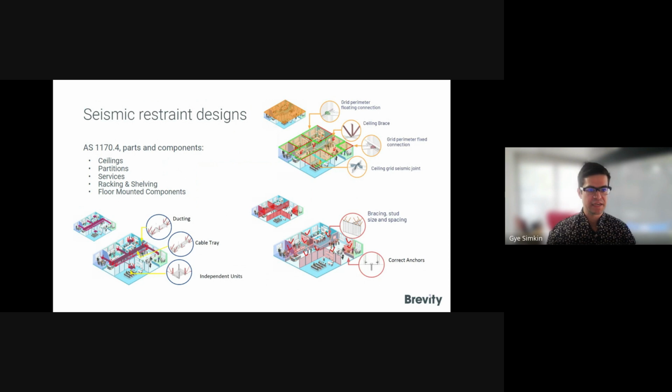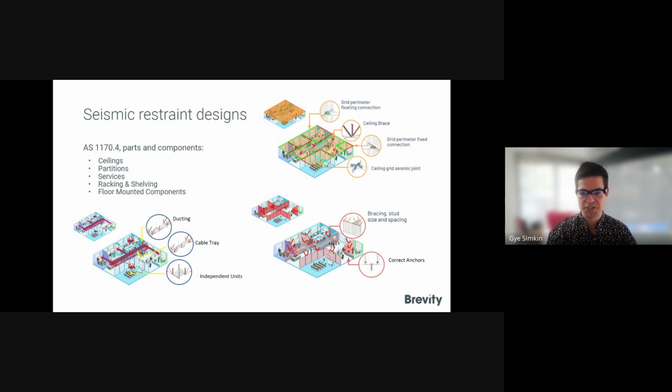So in AS 1170.4, in the parts and components section, there are clear design guidelines for designing various internal elements, such as your suspended ceilings, your non-load bearing partitions, your various services, and that can also be used for your more industrial racking and shelving, and maybe your floor mounted components.